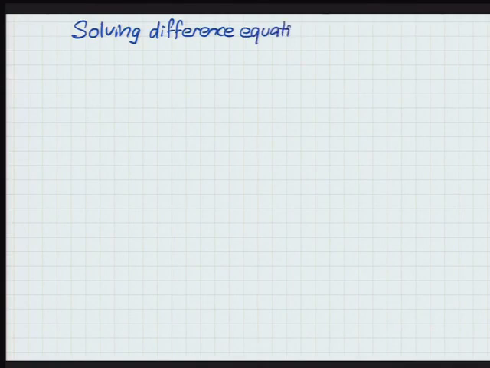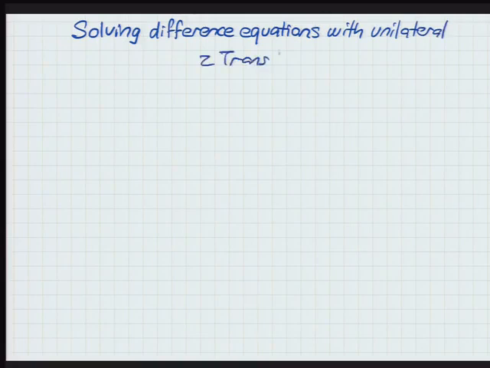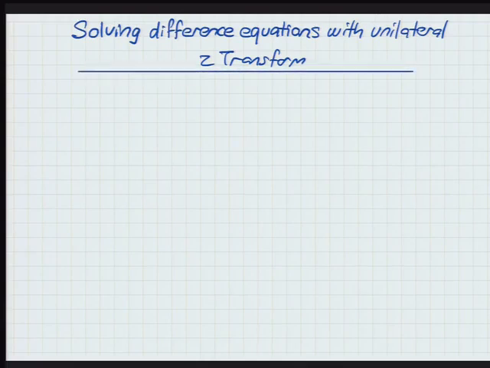This time we're in discrete time, so we're solving difference equations with the unilateral Z transform. And I will only work out an example here because you guys are smart enough that you would know how to generalize that. So the example is this, very simple.